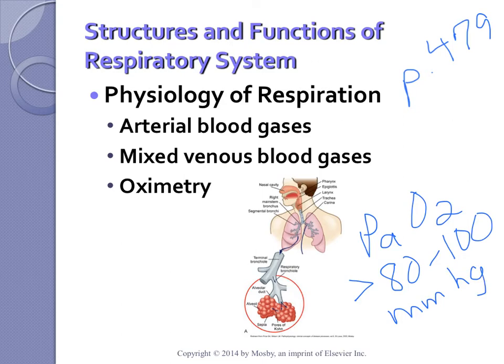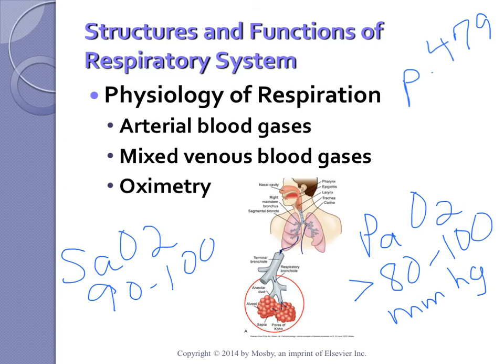And your SaO2 normal range is 90 to 100. And that's from your need to know sheet. Those are the two add-ons that we didn't talk about with your ABGs, because remember, we're doing respiratory, so ABGs are a very important component of the respiratory system, so they're going to pop up again. Those don't go away.